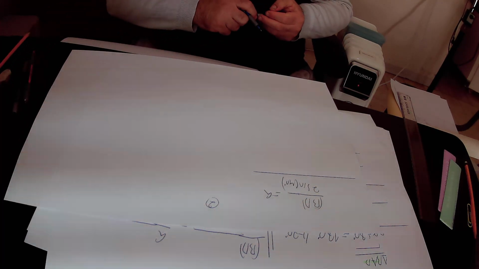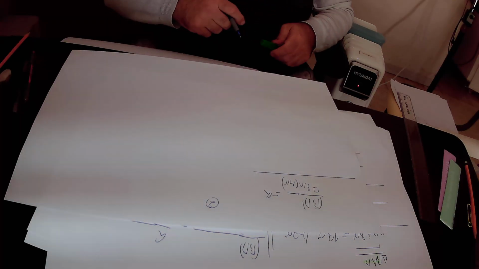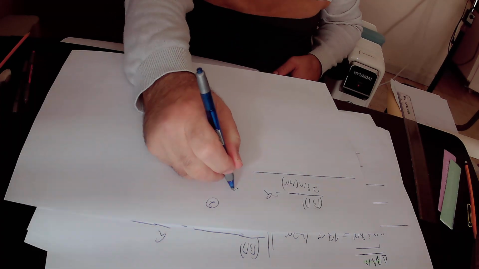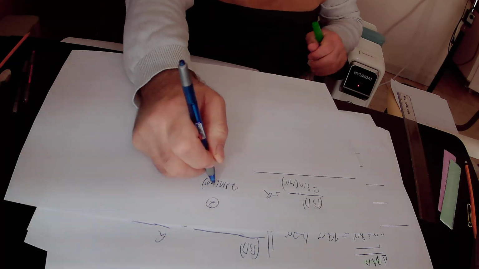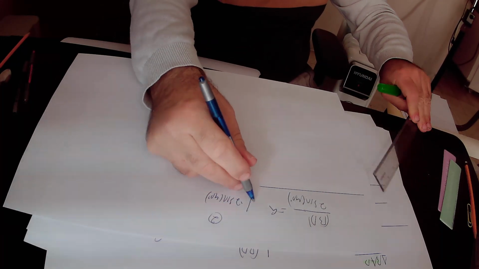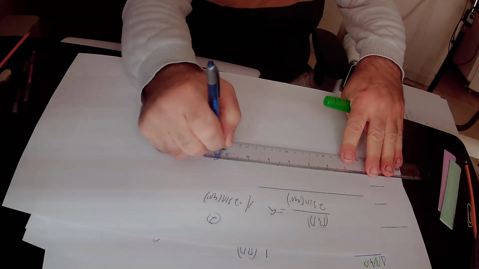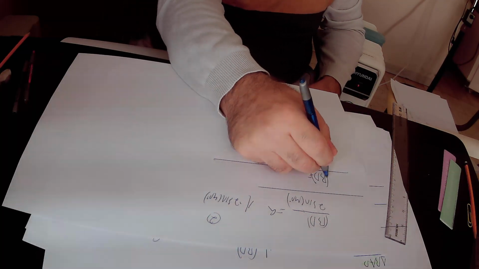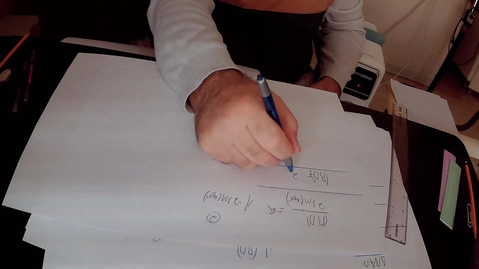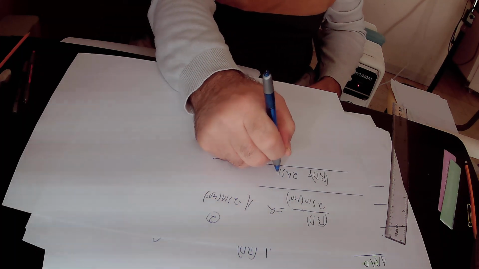Here we will multiply this equation by 2 times sine 40 degrees, and we will get that the missing side BD is equal to 2A times sine 40 degrees.